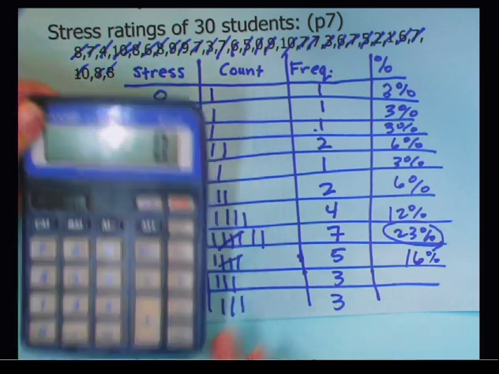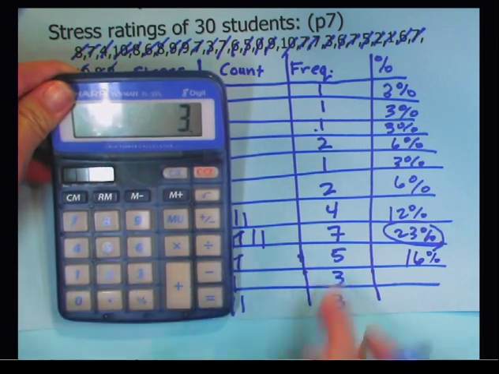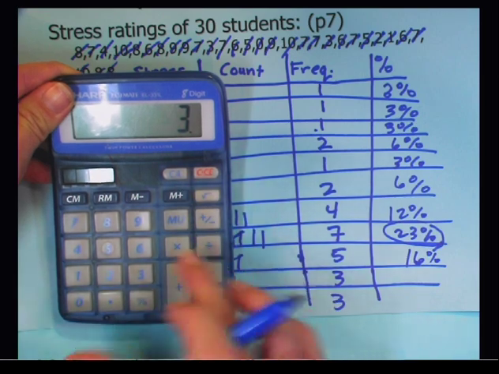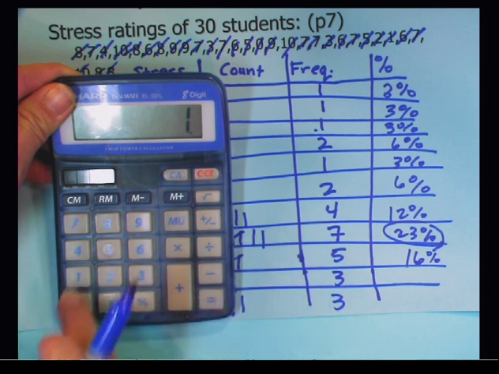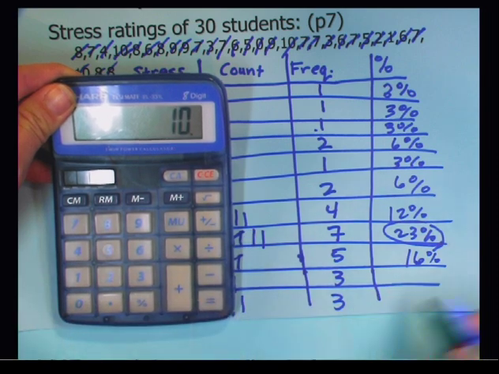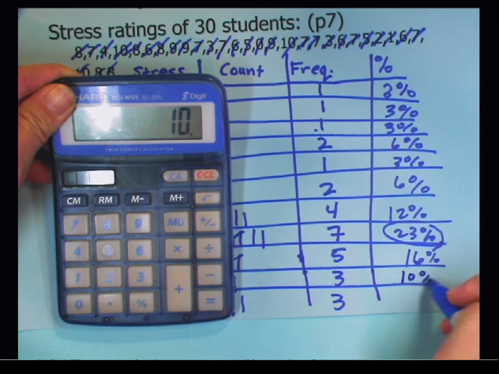Here, and you can see all I'm doing is 3, the number of counts, divided by 30, your total. To get your percent, you multiply that by 100, and 3 divided by 30 times 100 is 10%.